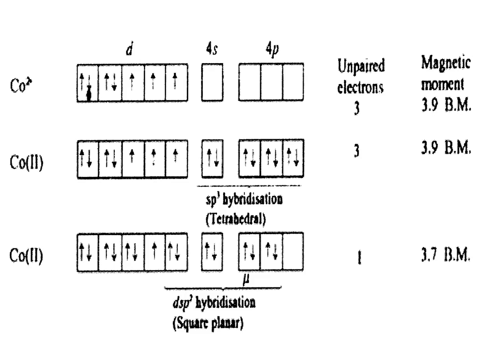When there is no pairing of electrons, the mode of hybridization will be sp3, and the complex will exhibit a magnetic moment equal to 3.9.